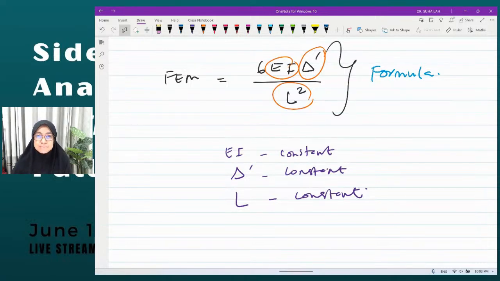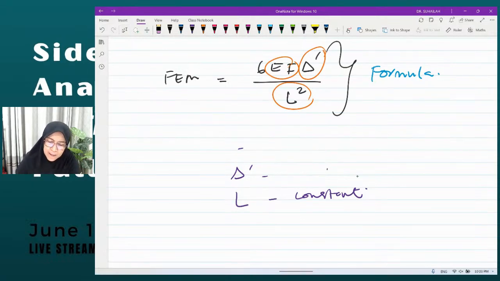What does it mean? FEM due to delta, due to sidesway, actually gets influence from three factors: EI, the flexural rigidity, the delta, and L, the length of the member. If all are the same value, the ratio is 1:1.